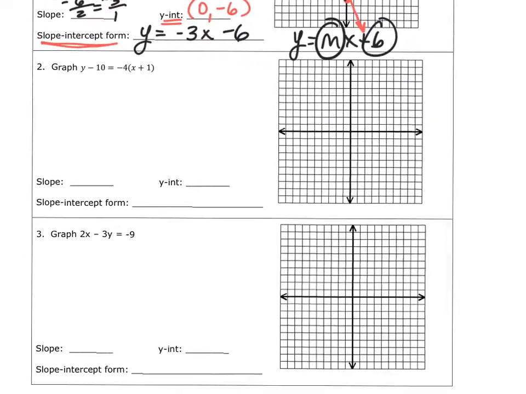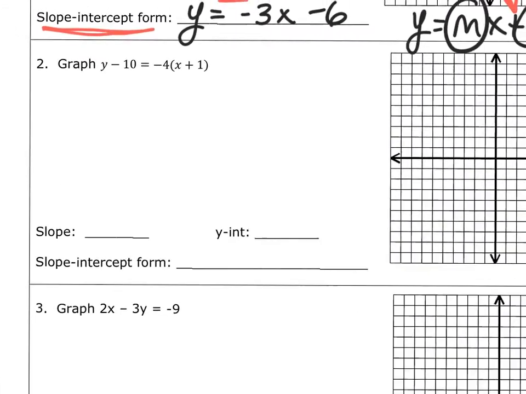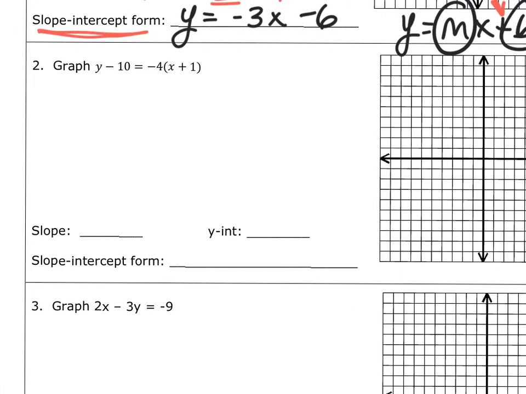I'm going to take a look at problem number 2. On problem number 2, the first thing I notice is that this is in point-slope form, which is y minus y1 equals m times x minus x1. And I'm going to write that above the line instead of below the line, just for spacing.